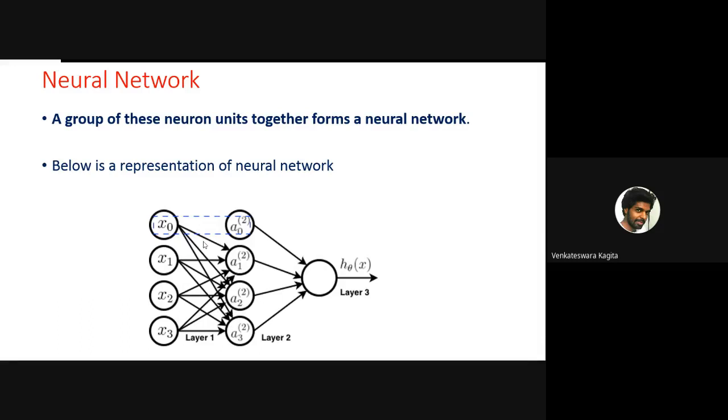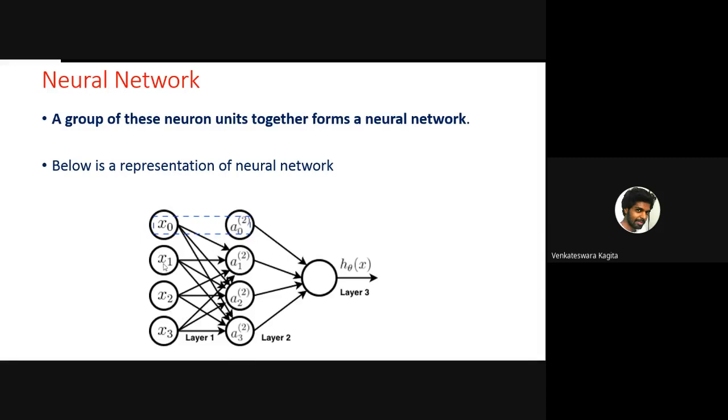Once you have this x0 as 1, you have a separate bias for each and every activation unit. So this is also a bias term; to have the bias term, a0 we have added in this case. These are the actual inputs, x1, x2, x3.